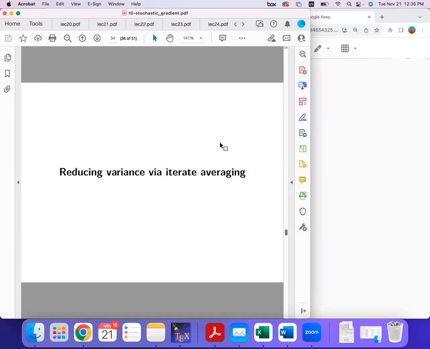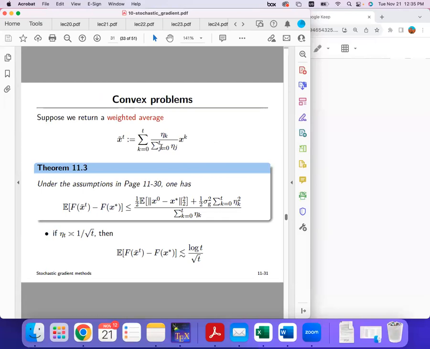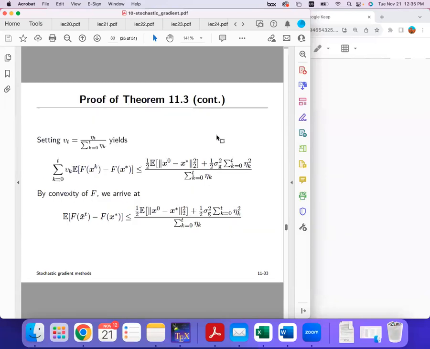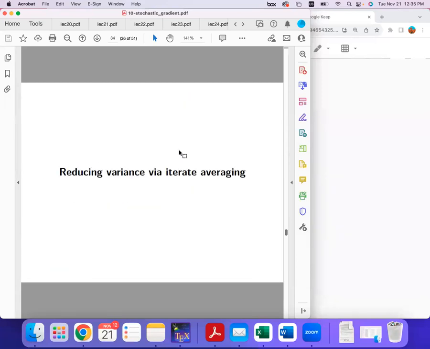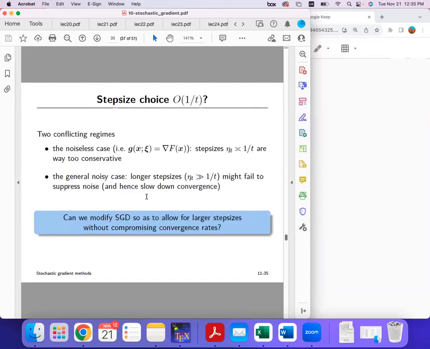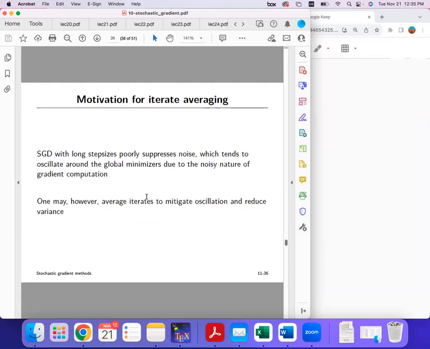And then we talk about such a weighted average scheme, which can be very useful in practice. It can be used to reduce the variance of the iteration. So basically, the intuition is that doing such averaging, model average or weight average, can help mitigate the oscillation and reduce the variance in practice.